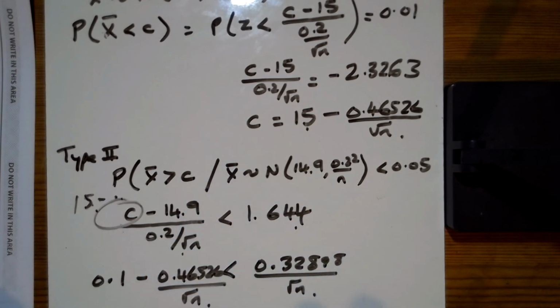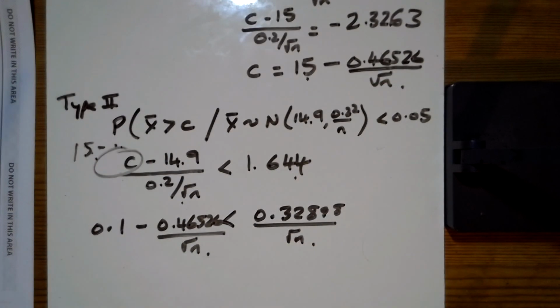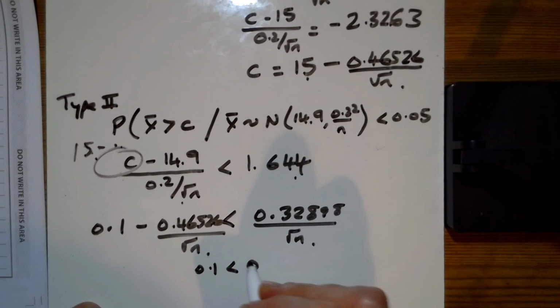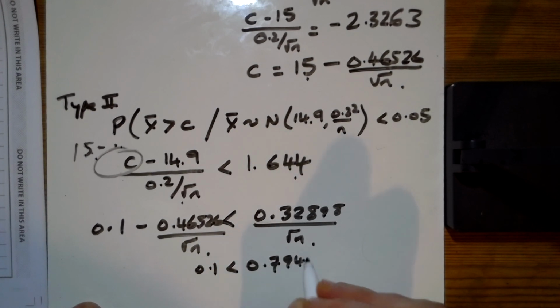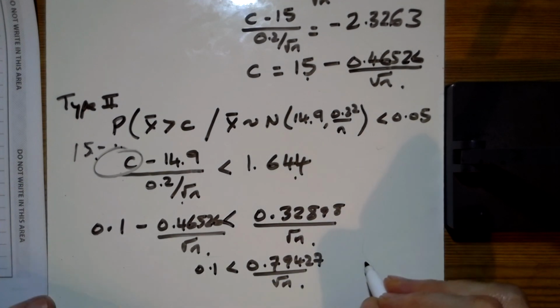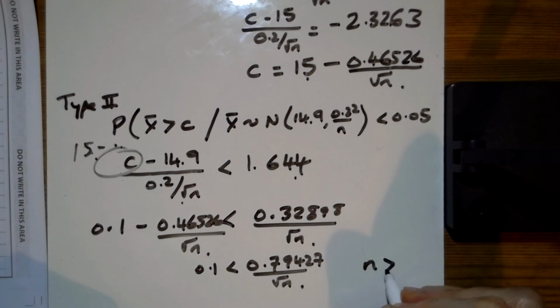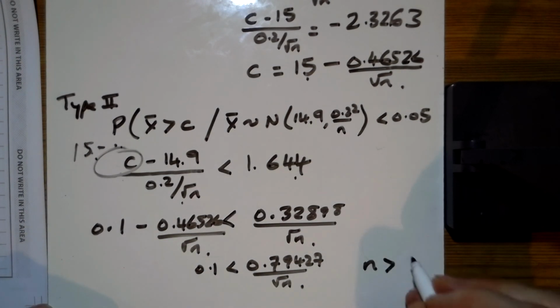So if we add that to both sides, then we get 0.1 is less than 0.79427 over root n. So divide by 0.1, I've got 7.94, and then square it. So I'm going to get n, I think, is going to be greater than that. I've got n is greater than 63.08, so I think n is 64.